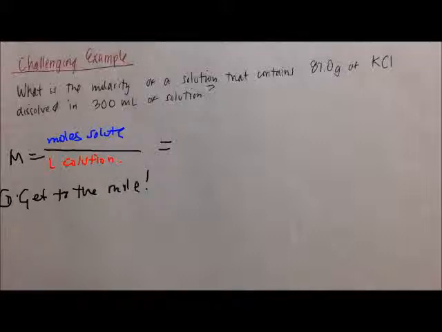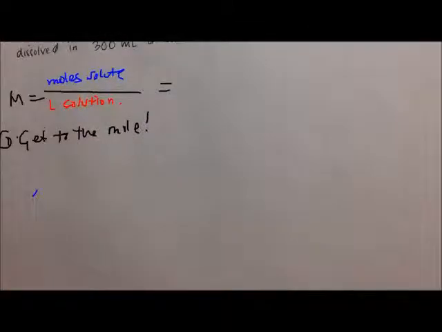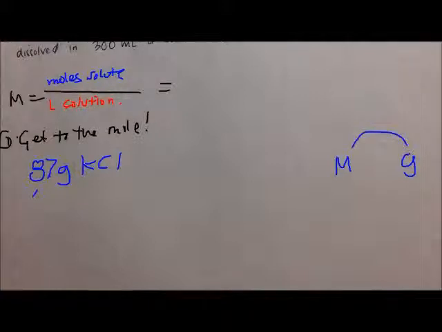So one of the very first steps is to get to the mole. Now we were given from solute 87 grams of potassium chloride. What we do is something we've always done before. Now to go from grams to moles, what do we do? We end up dividing by the molar mass of the solute, which is potassium chloride. If you look in your periodic table for the weight for potassium, it's 39.1.